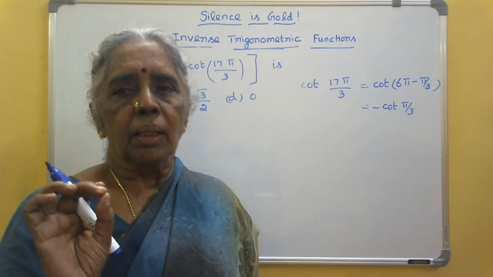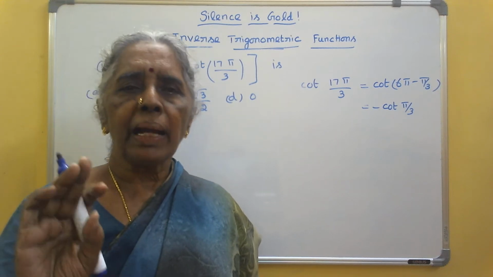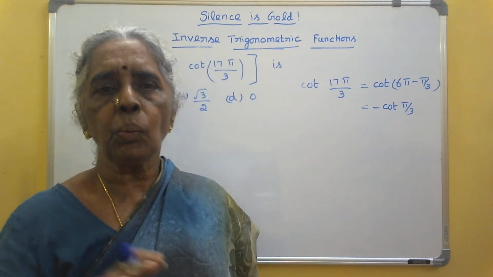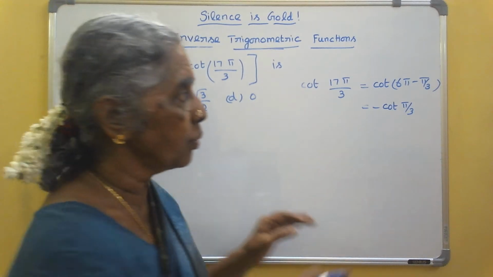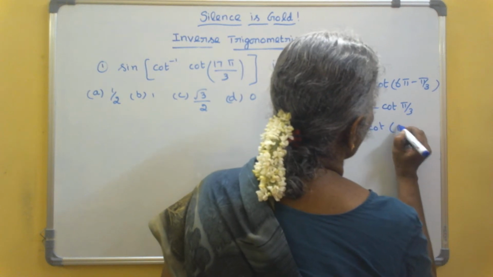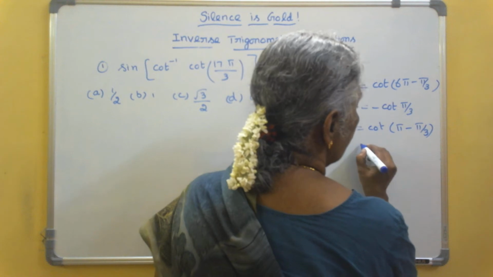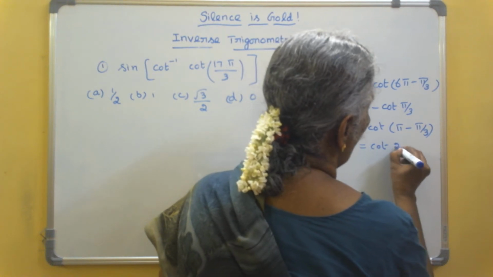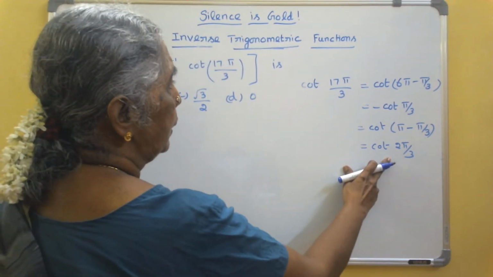So cot of pi minus theta is equal to minus cot theta, that is, in the 2nd quadrant it is negative, and that will be within the principal value branch also. So I will write this as cot of pi minus pi by 3, right? So that is nothing but cot 2 pi by 3.